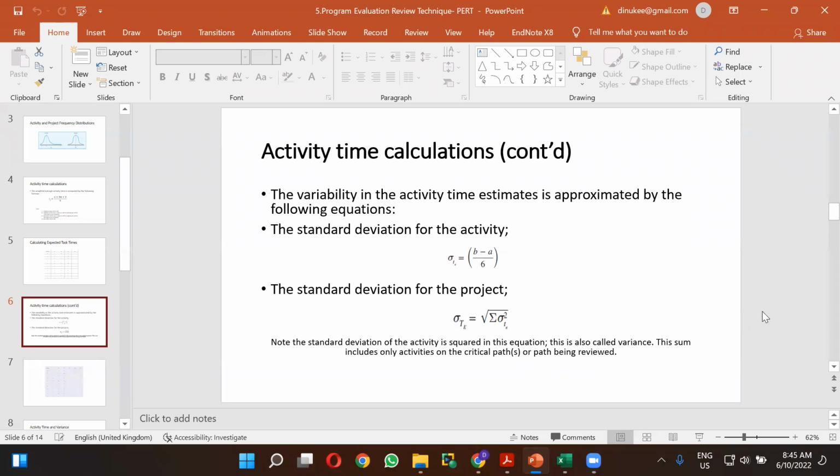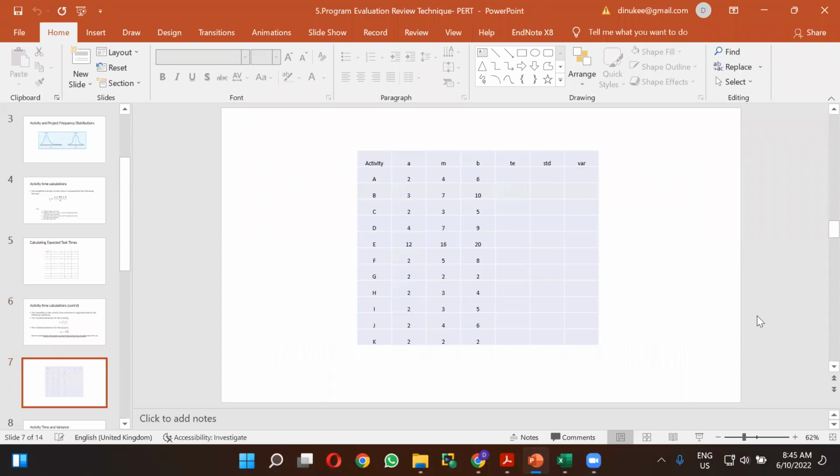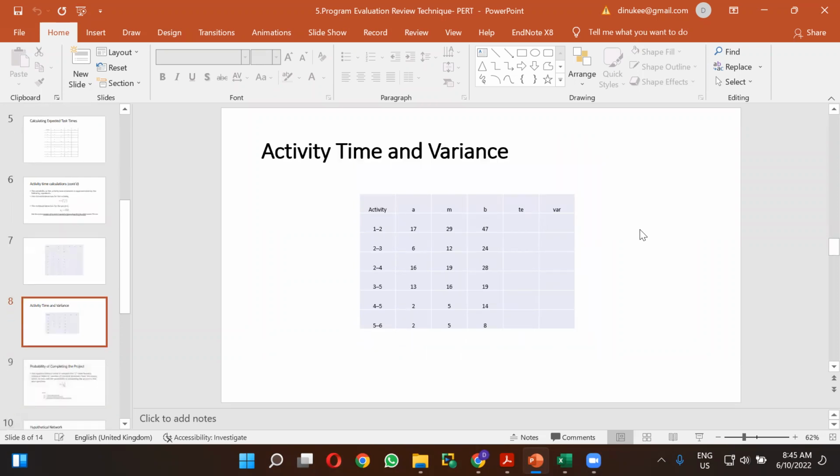This is also mentioned, but when you are making calculations, please make some notes so it would be easier for you to remember. Then I am asking you to calculate the expected time, standard deviation and variance. We have calculated those for example number 1, so this is the second example that I want to discuss with you.